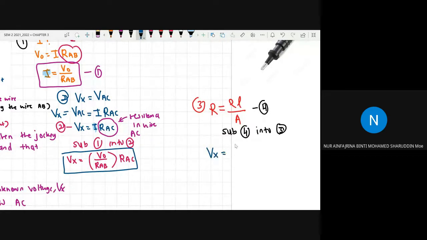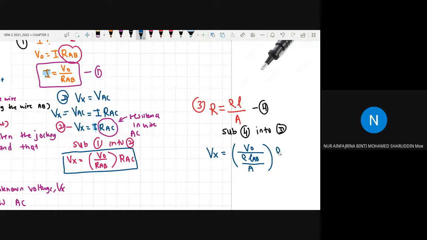So, Vx equals to V0. And then, kita ada resistance AB. Jadi, tulis balik. Substitutekan balik equation dia. So, awak akan dapat resistivity darab dengan length daripada A sampai B bahagi dengan area. Okay. And then, sama juga resistance AC.